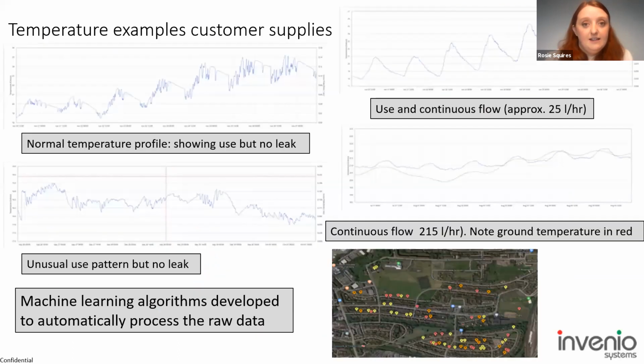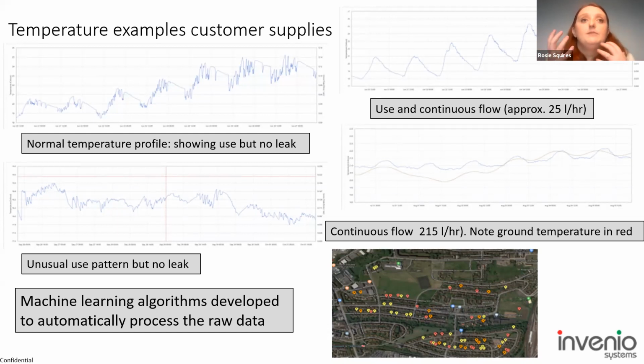Next slide. These are just a few examples of that data. I won't go into too much detail, but the top is just classic use. If you imagine the water drawing in from the main, you get a spike down to that water temperature, and then you gradually rise up.